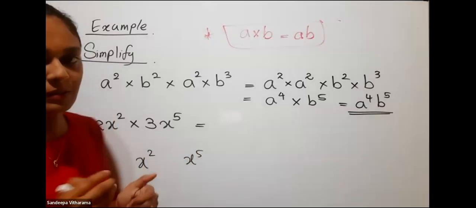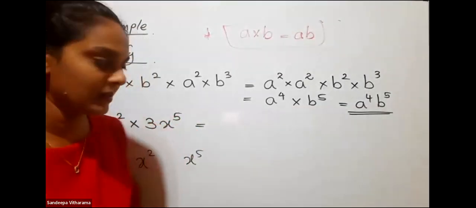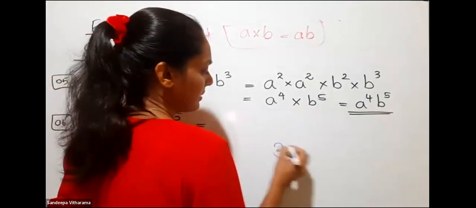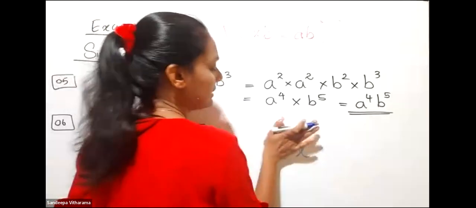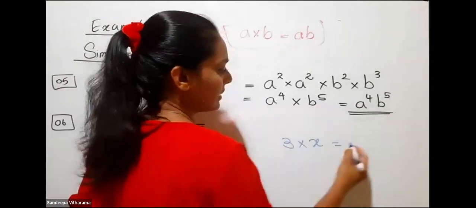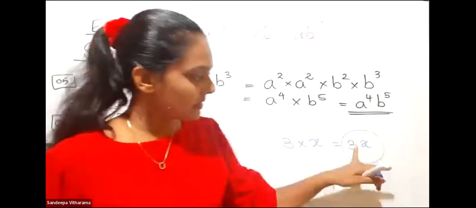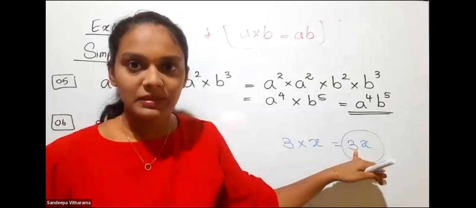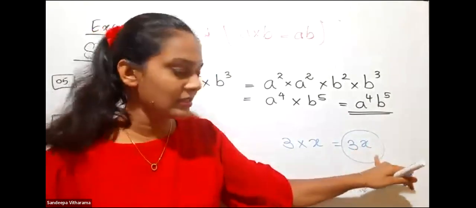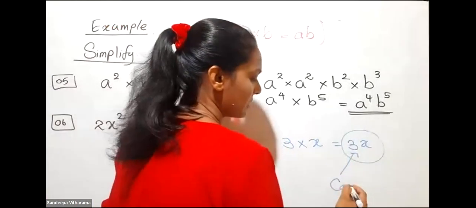Remember that when we have an algebraic term, if a term, you may think, is multiplied by 3, then we obtain it as 3x. Then this number, the number that is written with the algebraic term, is given a special name called coefficient.